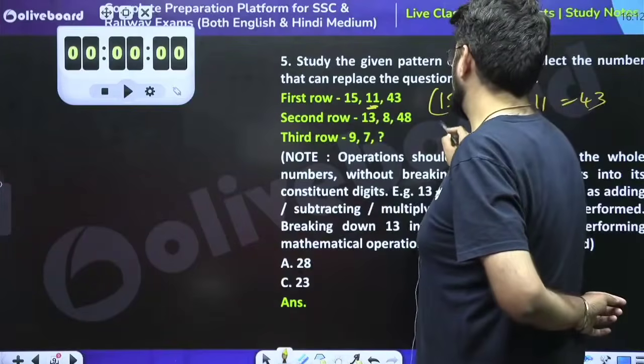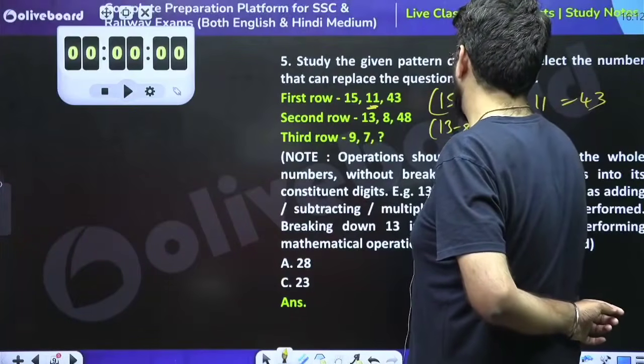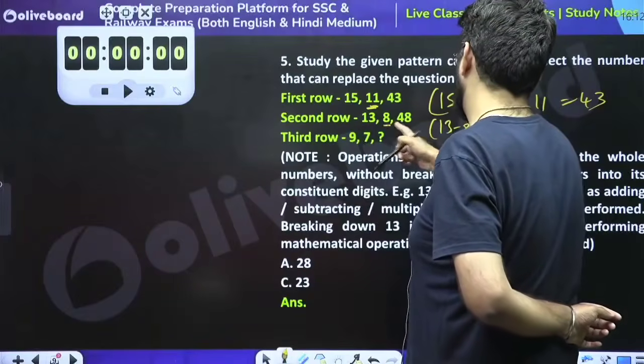Try it here. We have 13 minus 8, which is 5. Multiplying this by 8, 40 plus this number.